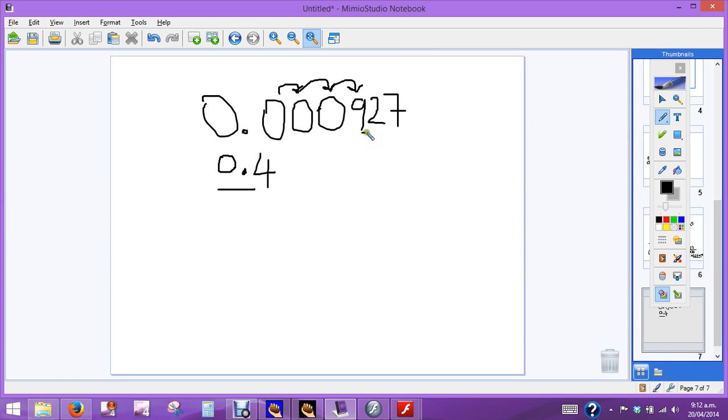This is not 927 anything major, it's tenths, hundredths, thousandths, 10 thousandths, 100 thousandths, millionths. So this is 927 millionths. It's a millionth of 1. So if I had 1, I'd have to chop it into a million pieces, and I'd have 927 of them.